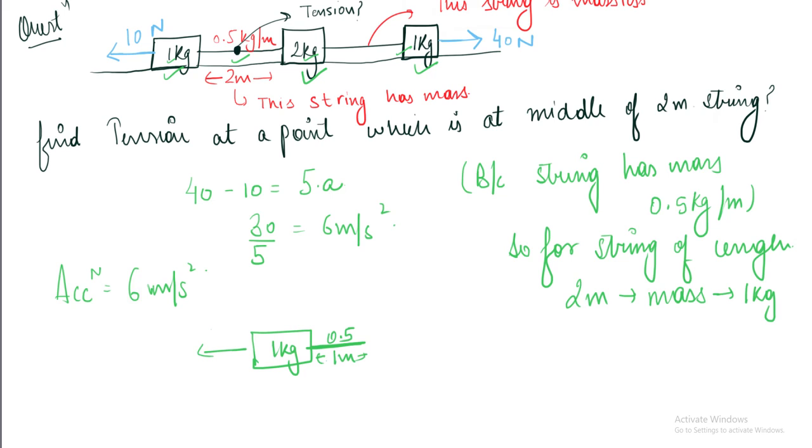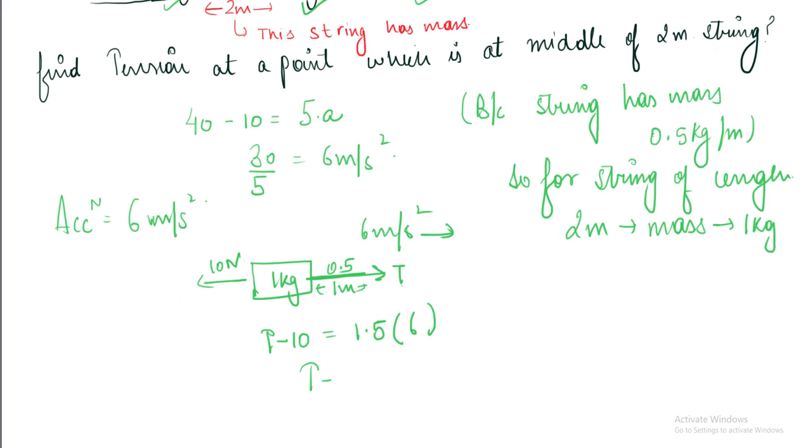Now behind, 10 Newton, and acceleration 6 meter per second squared towards the right side, tension T. So T minus 10 is equal to the mass of this system, which is 1.5 into 6. So T minus 10 equals 1.5 into 6, which is 9. So T is 19 Newton, which is our answer.